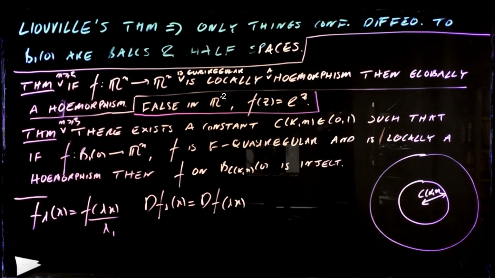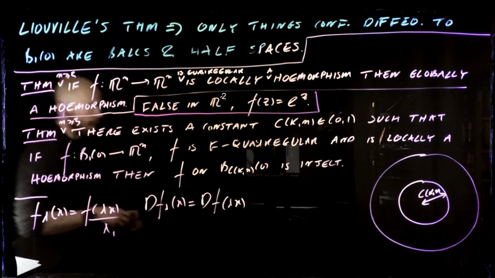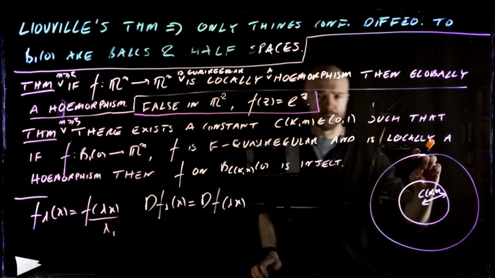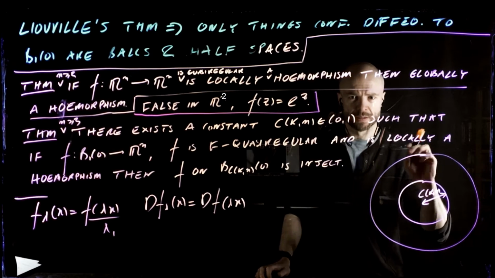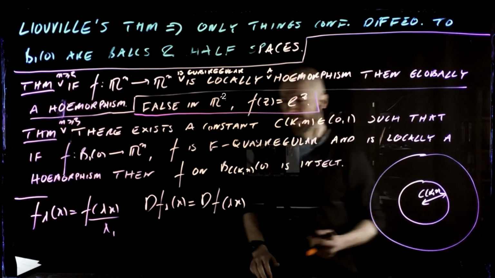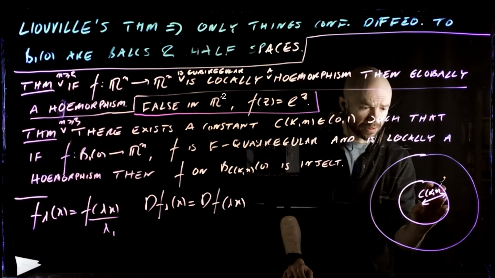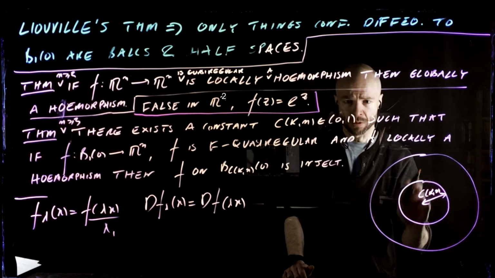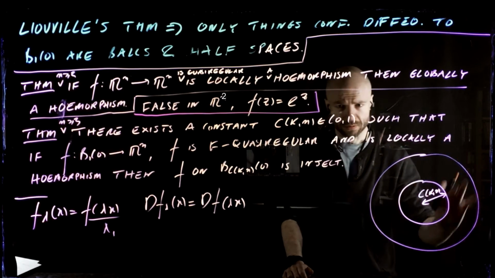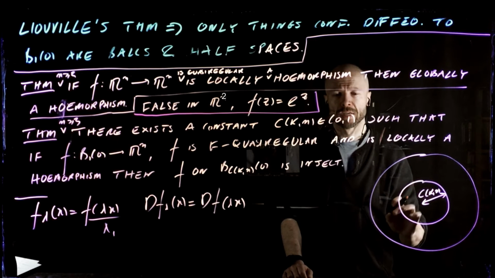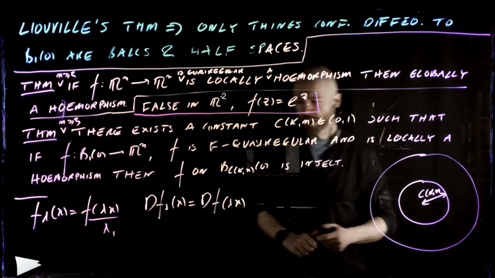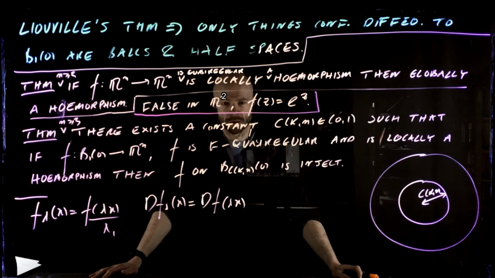Yeah, so being locally a homeomorphism doesn't mean very much. It means that for every single point, you have some small neighborhood where it's invertible. This is saying that actually you have some serious size subball inside any ball for which it's invertible everywhere, on a sizable scale.